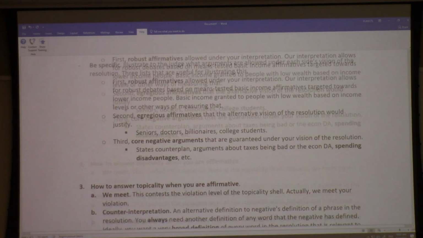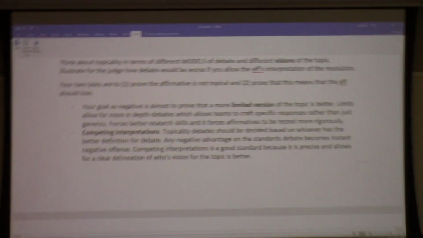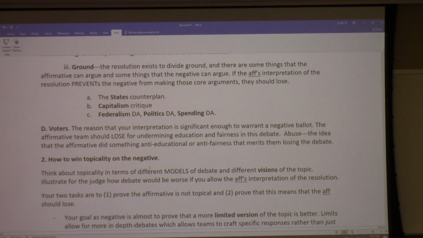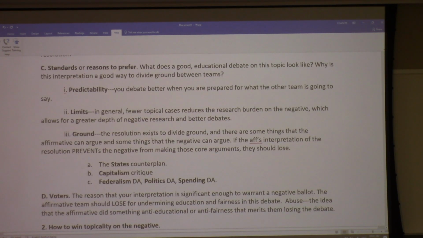So, imagine if everybody just agreed that competing interpretations was true, and that if the negative proves one way in which their definition of the resolution is better, then they win the debate. That would create an incentive for teams to come up with topicality violations that are just slightly more limiting than the affirmative's interpretation of the resolution. And as long as they were technical debaters who are capable of winning topicality debates on the flow, then that would be enough for them to win the debate.